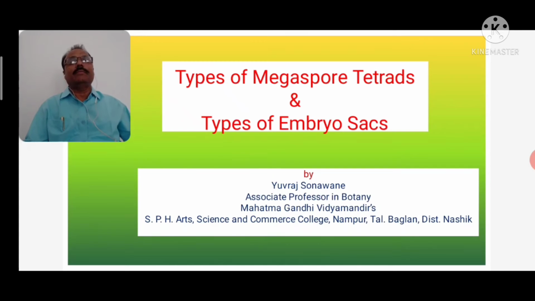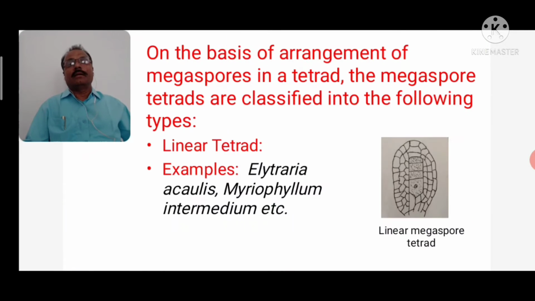Today, I am going to teach types of megaspore tetrads and types of embryo sacs. On the basis of arrangement of megaspore in a tetrad, the megaspore tetrads are classified into the following types.